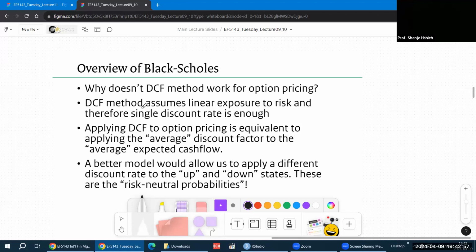If you use CAPM to price options, what you're really doing is taking an average of the discount rates and using that discount rate to discount those cash flows. That's not accurate, because as I explained last week, ideally you want a different discount rate for every state of the world.